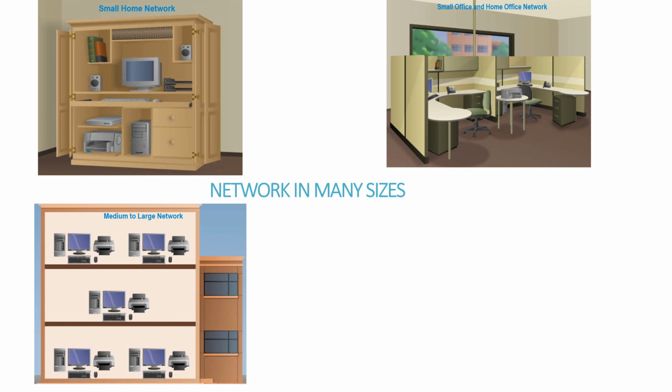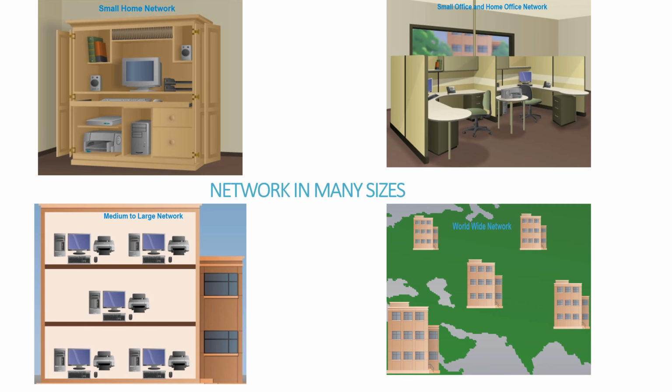Many organizations use the network connection to the internet to provide products and services to customers. Another type of network is the worldwide network, a collection of interconnected private and public networks.